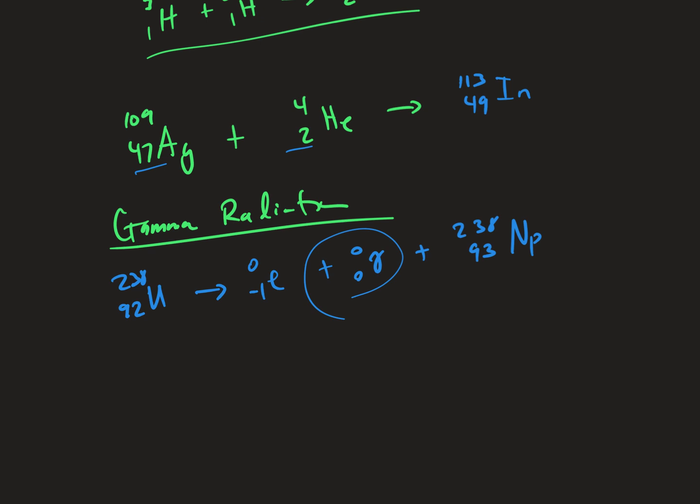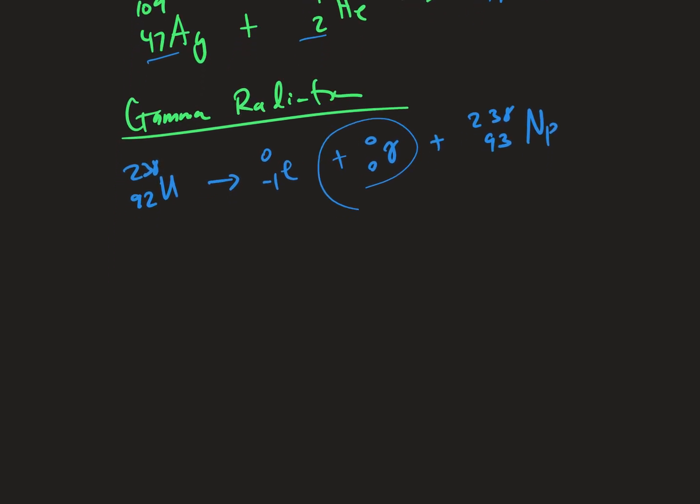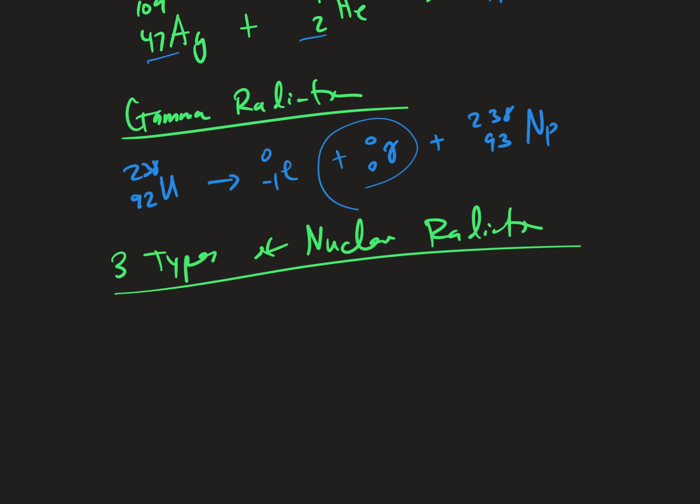And one other thing you need to know, the 3 types of nuclear radiation. We've got alpha, beta, and gamma. 3 letters of the Greek alphabet, right?